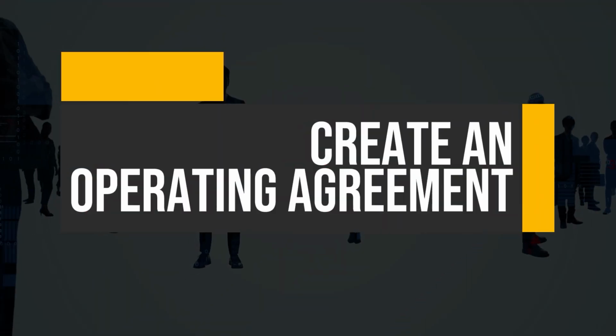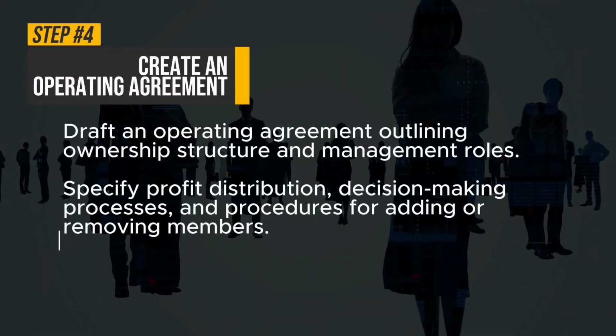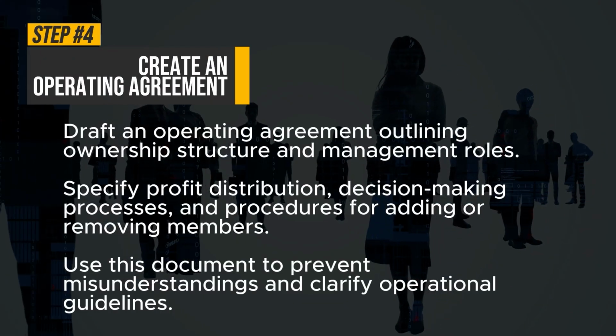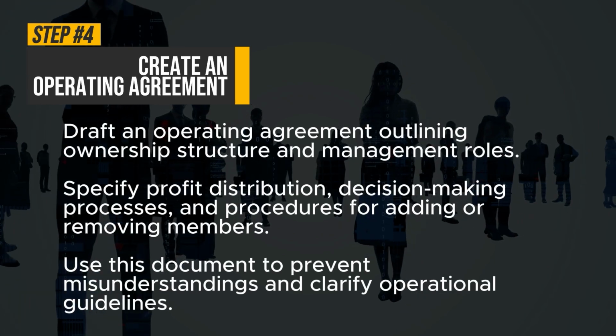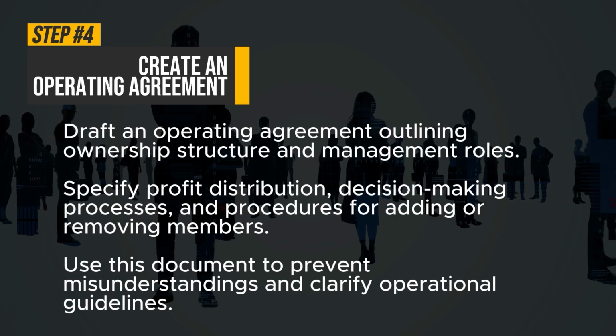Create an operating agreement. Although not legally required in Ohio, drafting an operating agreement is highly advisable for all LLCs. This internal document outlines the ownership structure, management roles, and operational procedure of your business.